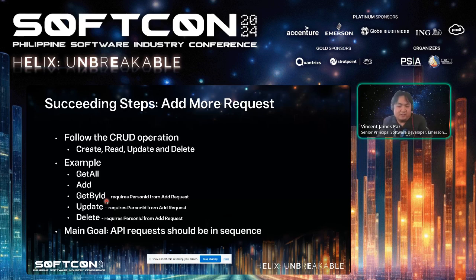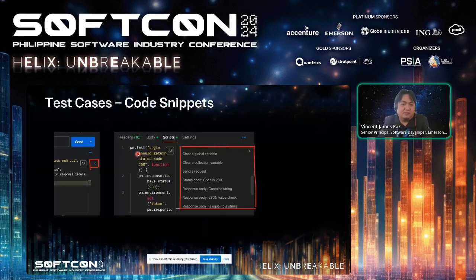So the main goal is that the API requests should be in sequence, because you cannot use the API endpoint at the first sequence, right? You need to first create, then read, and once you're getting a 200 status code on the read, you can then try to update the data, and then at the end delete. Okay, so next item, test cases.